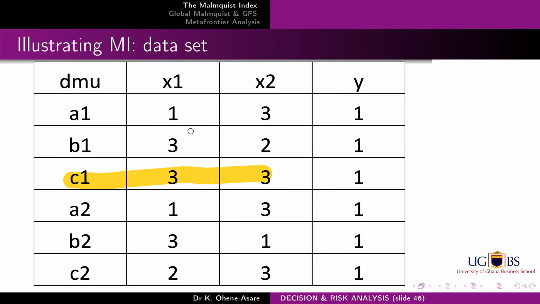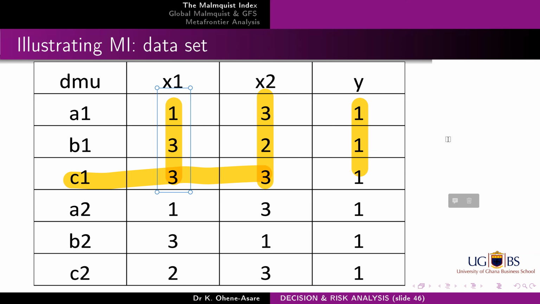Now, what that means is that you are going to use this input, X1, you're going to use this input, X2, you're not going to touch the year 2, and you're also going to use this output, Y1. As you know, a weighted sum of the inputs is less or equal to the input of the DMU under consideration. And the DMU we are considering now is the C1. So on the right-hand side, you're going to have 3, multiplying the theta, as you already know.